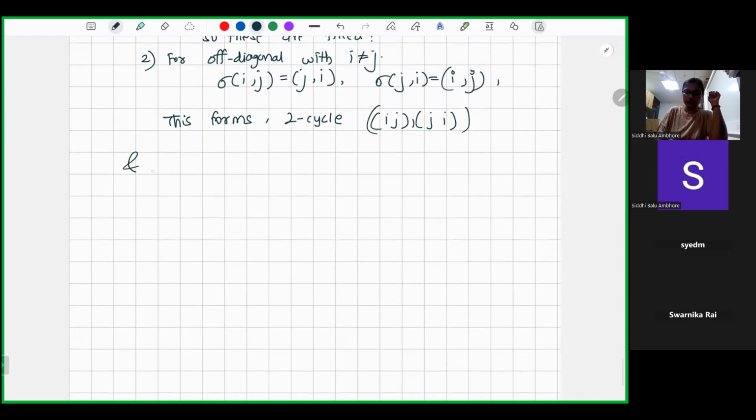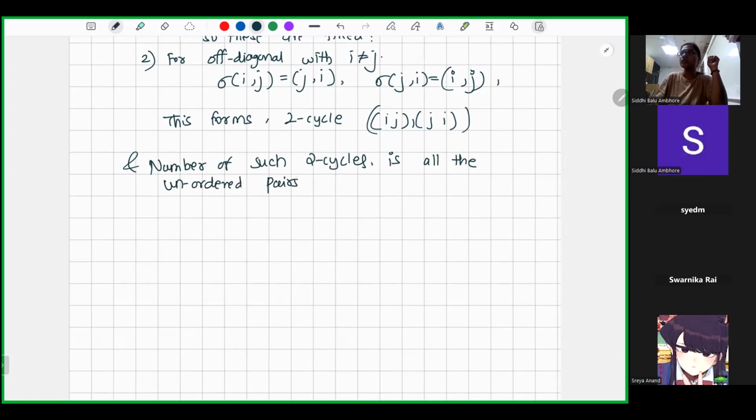And the number of such two cycles is all the unordered pairs (i,j) with i less than j.